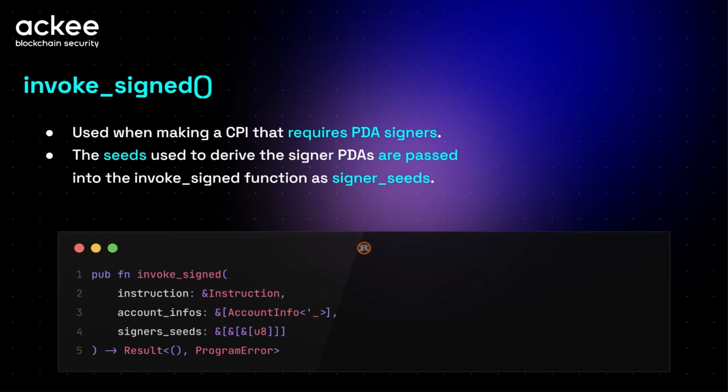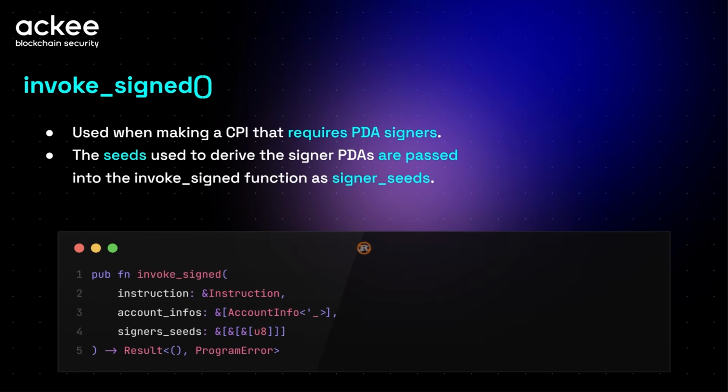It is important that the program ID is here because when you call invoke signed, the runtime automatically includes the currently invoking program ID in the signer seeds. That means in the signer seeds you include the seeds, you also include the bump, and the Solana runtime automatically includes the program ID of the program which is currently performing the invoke signed.